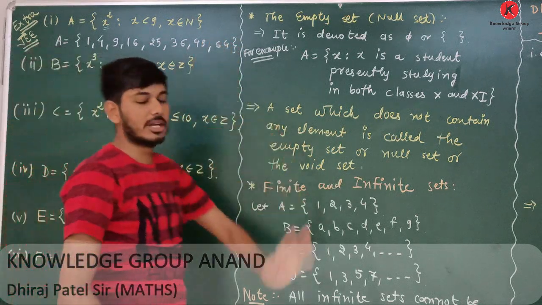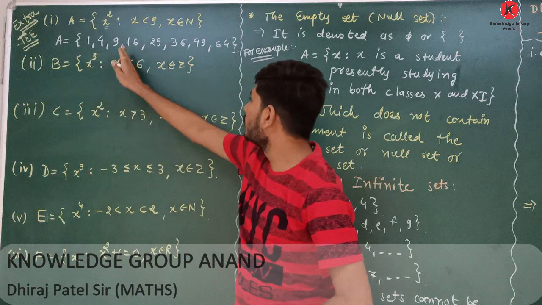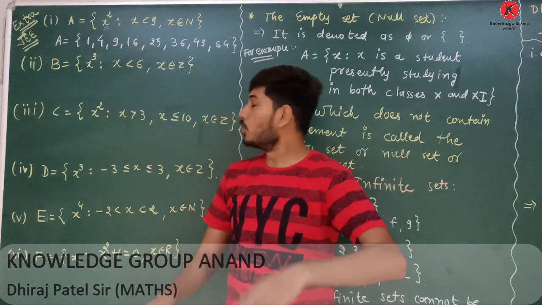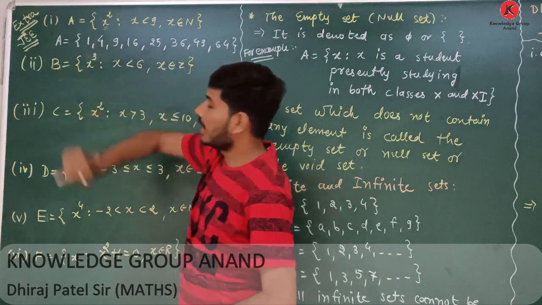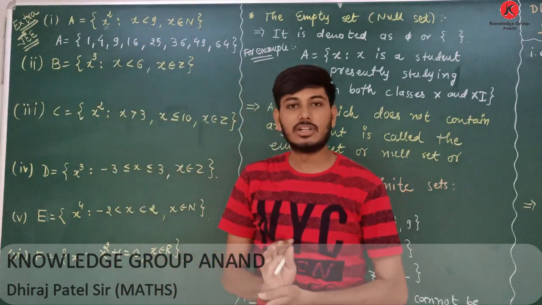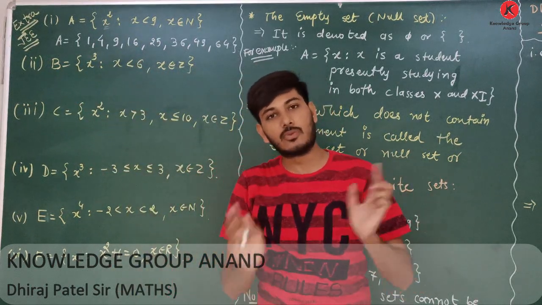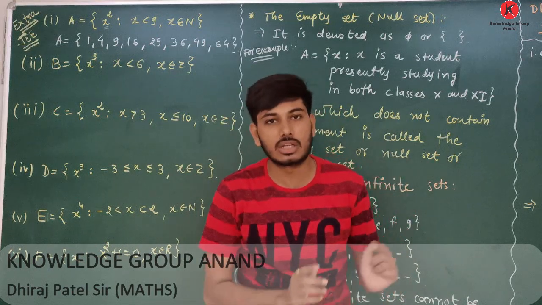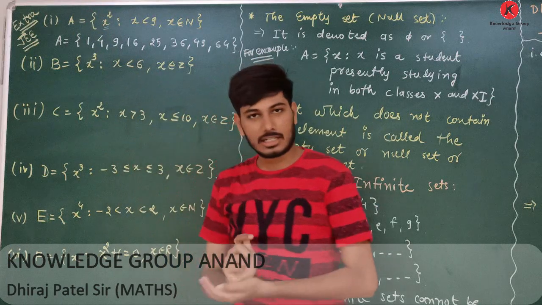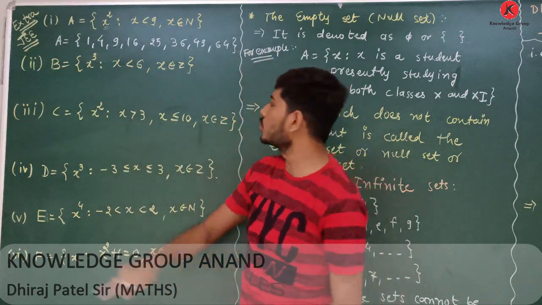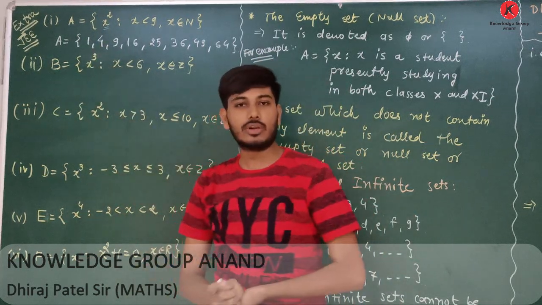These 8 elements are the solution of our first question. Suppose x was given here, then you would write only x, that means the values of x, which are 1, 2, 3, 4, 5, 6, 7 and 8. But here x square is given, therefore you have to write x square over here.